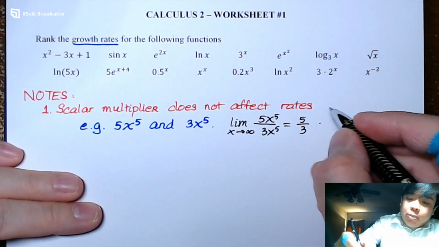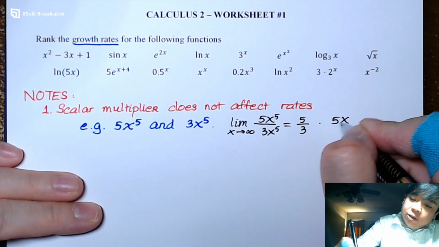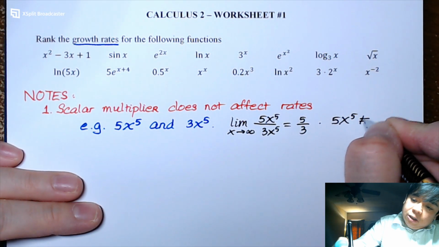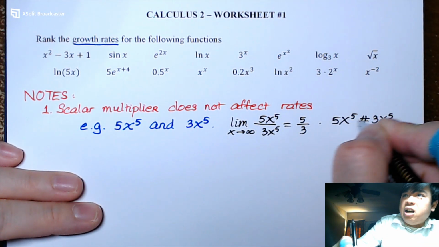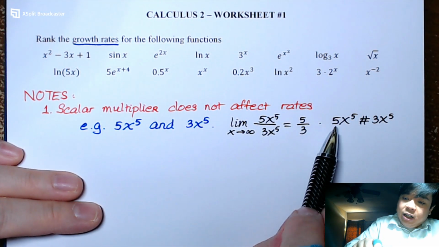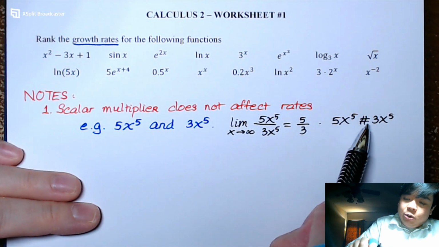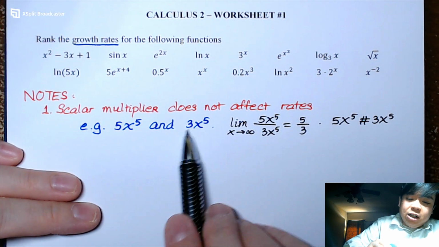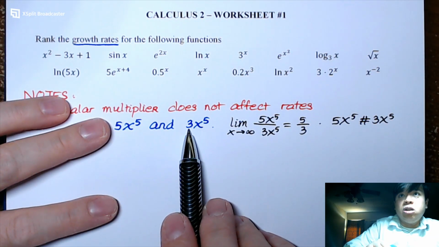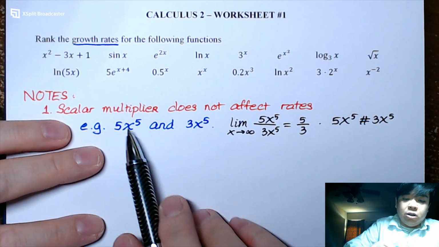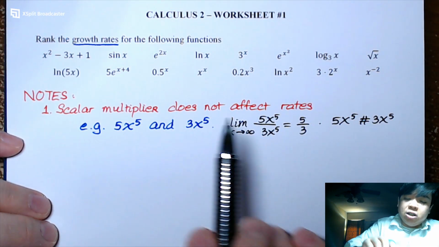To denote a comparable rate, we use this symbol, like the hashtag. The coefficient, or scalar multiplier, does not affect the growth rate.